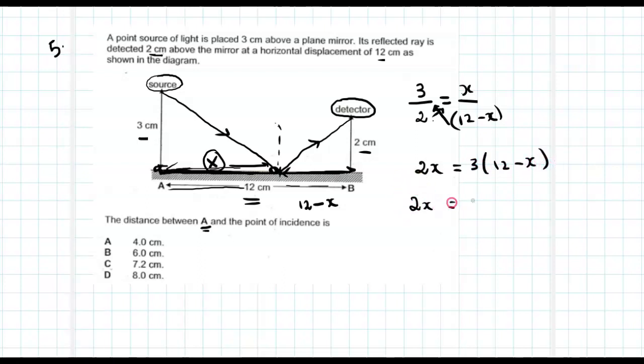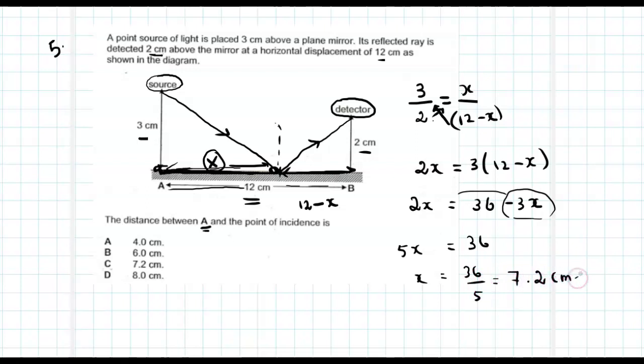Now we expand: 36 minus 3x. Take this 3x to the left side, so 2x plus 3x is 5x equal to 36. So x is equal to 36 divided by 5, which is 7.2 centimeter. So the option is C.